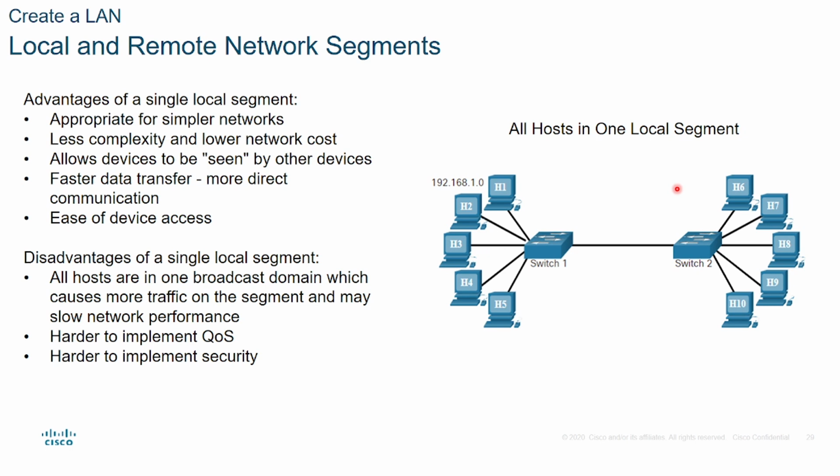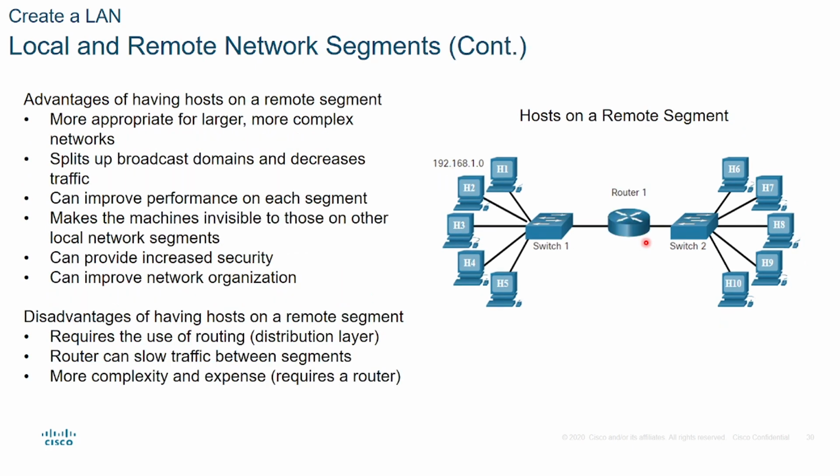The disadvantage is that all hosts are in one broadcast domain, which causes more traffic on the segment and may slow network performance. It's harder to implement quality of service, and harder to implement security. So now you can see there's no router in between. This is a single local segment.